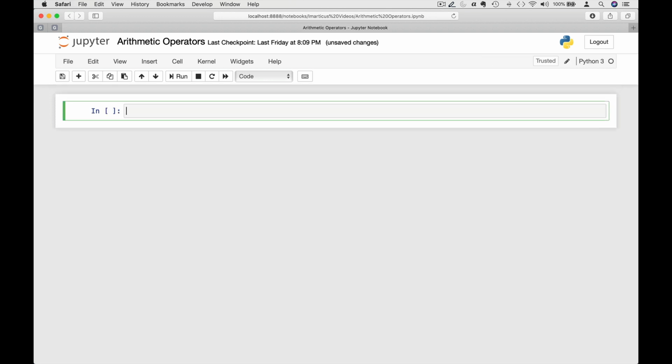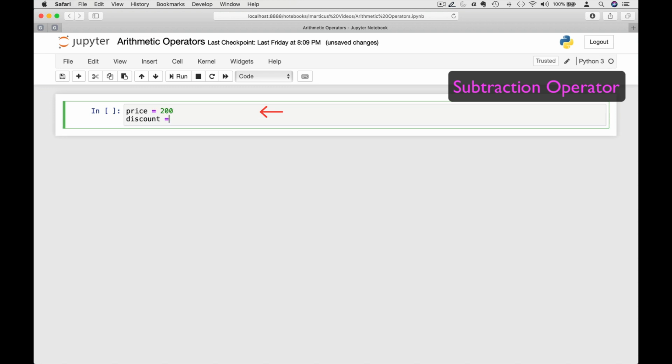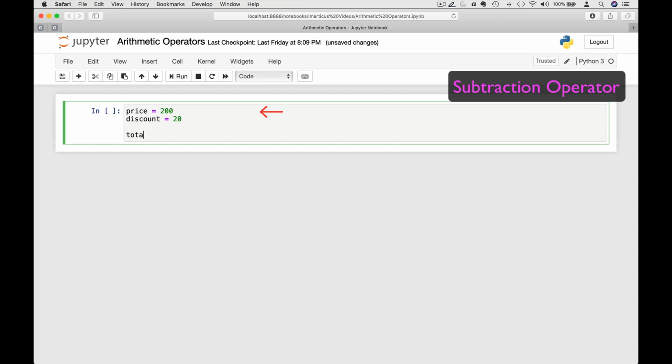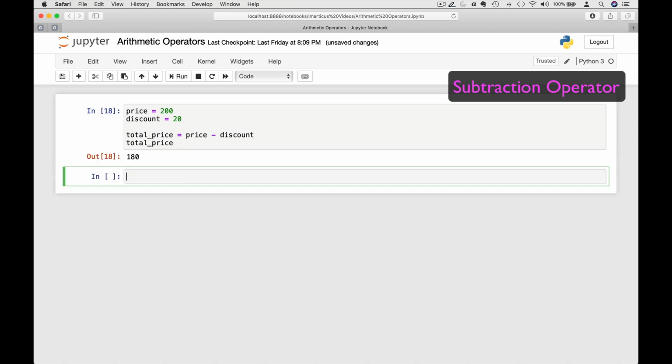Let us now take a look at the subtraction operator. If I say price is equal to 200 and I say discount is equal to 20 and I say total price is equal to price minus discount, then I see that the total price is 180.